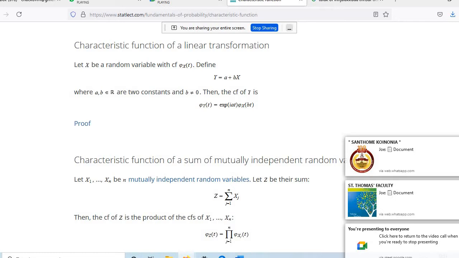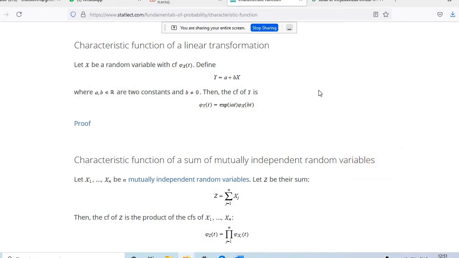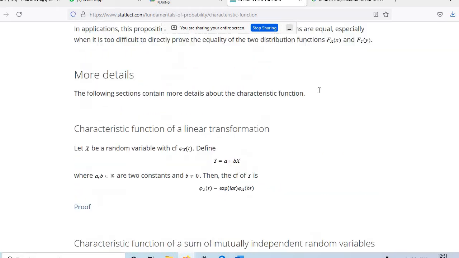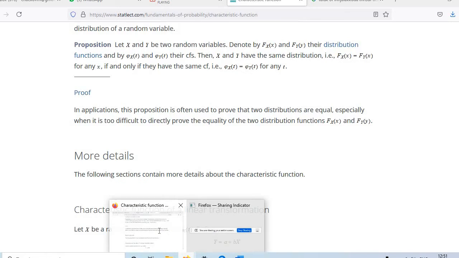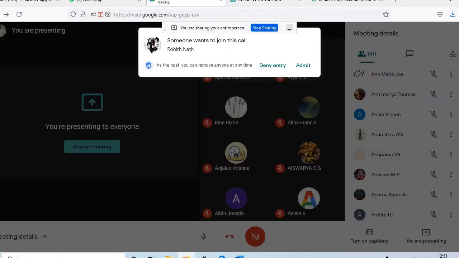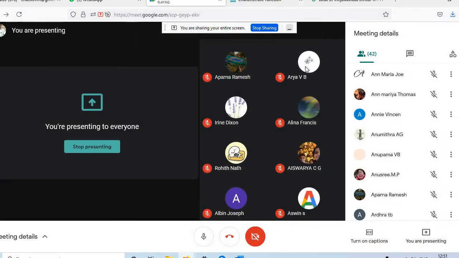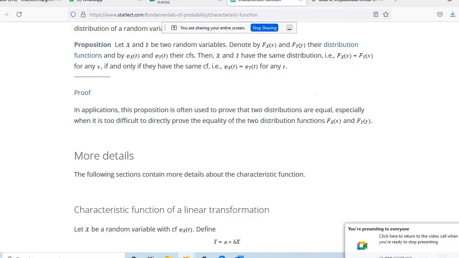So, നമ്മൾ ഡിസ്കസ് ചെയ്തുകൊണ്ടിരുന്നത് ക്യാരക്ടറിസ്റ്റിക് ഫംഗ്ഷനെ കുറിച്ചിട്ടാണ്. Okay, now there are some other properties, similar properties as in the case of moment generating function.